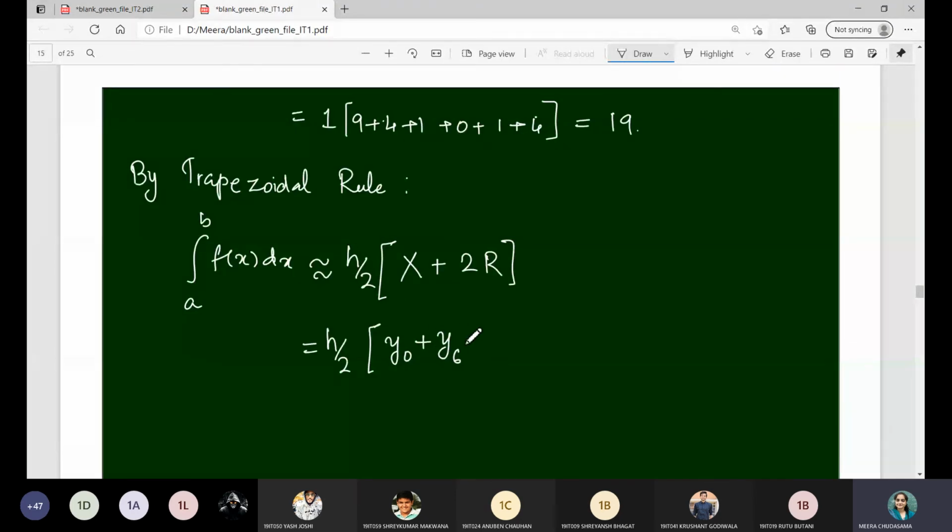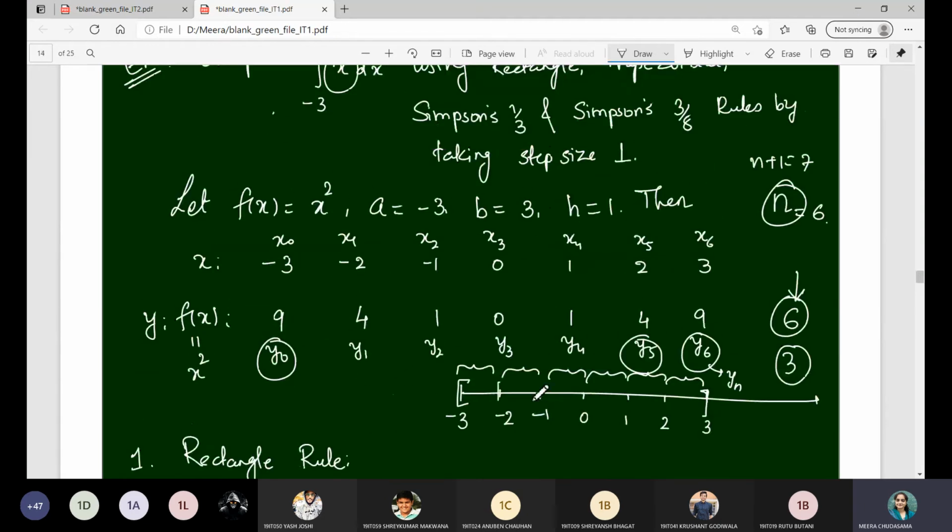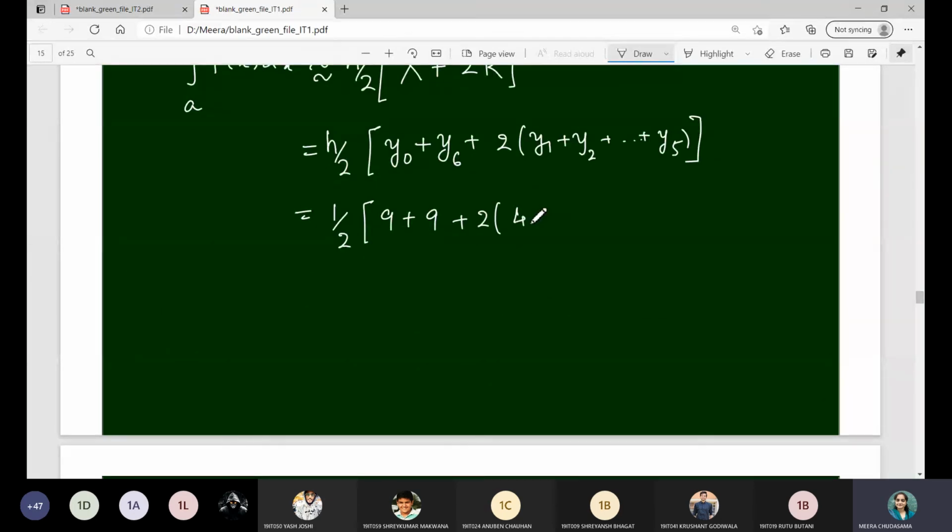So y0 plus y6 plus twice y1 plus y2 plus up to y5 तक. तो that is equal to h is 1, y0 9 value, y6 also 9 plus twice y1 plus y2, 4 plus 1 plus 0 plus 1 plus 4, right? So it is 4 plus 1 plus 0 plus 1 plus 4. Simplify it and tell me the answer. 19, ma'am. 19 again, very good, it is the correct one.